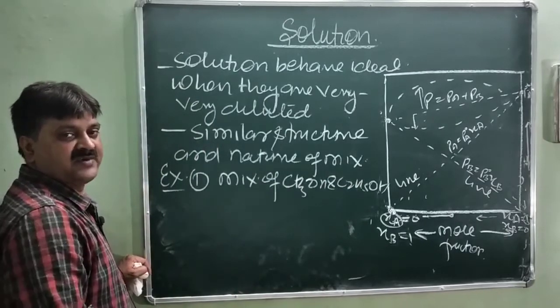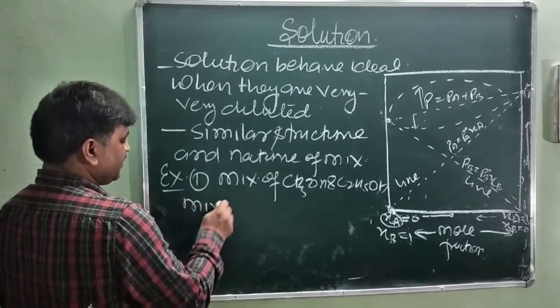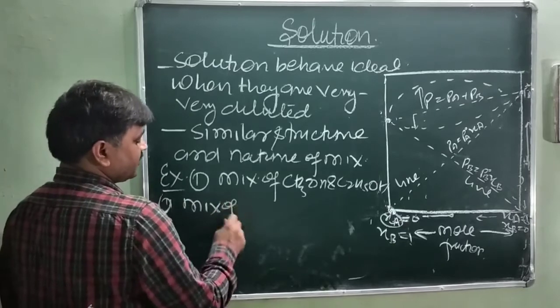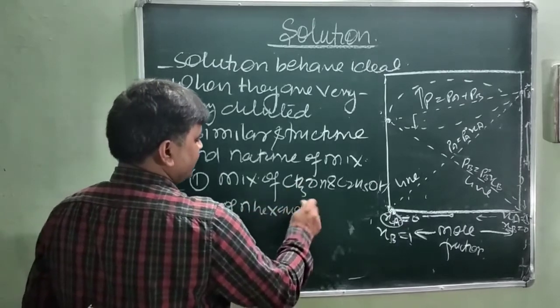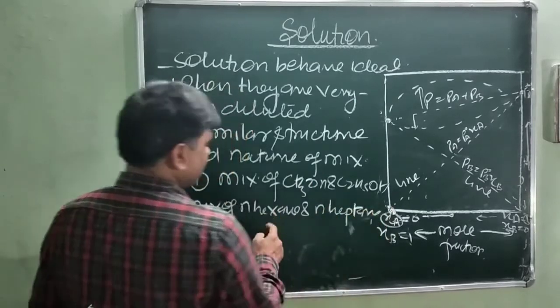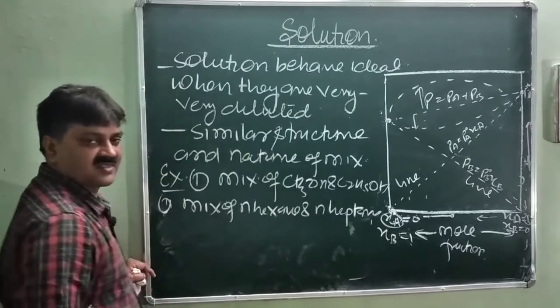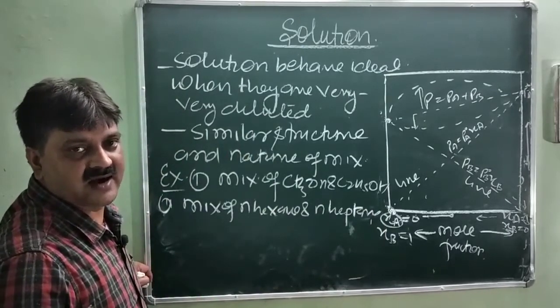Just like the mixture of n-hexane and n-heptane. We will see both are hydrocarbons and both are non-polar. Their nature and structure are the same. So they also show the ideal behavior.